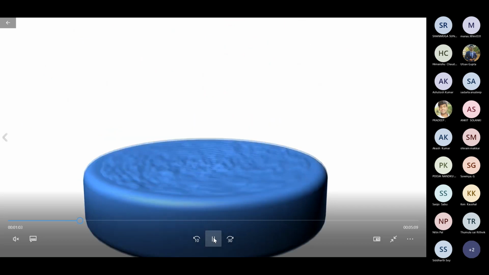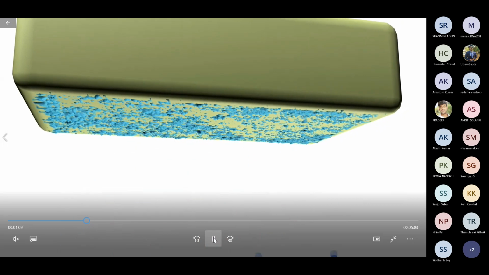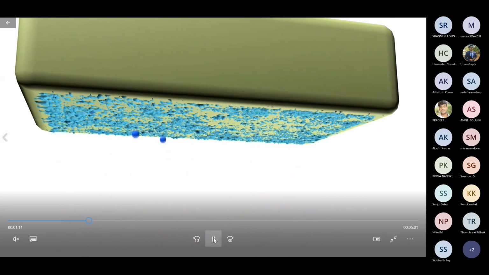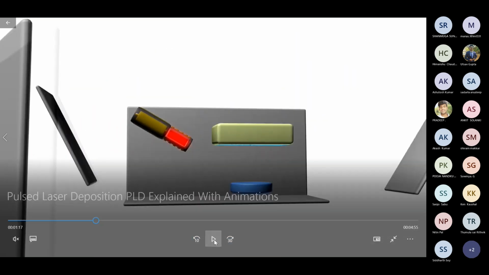In this case, surface damage will be less. You can see how it is coming and depositing. So in this case, target hitting will be less.